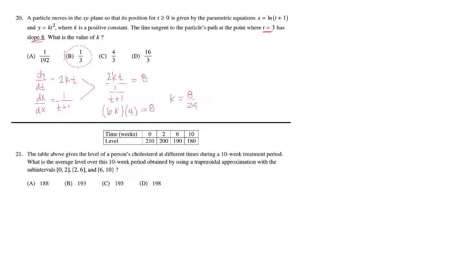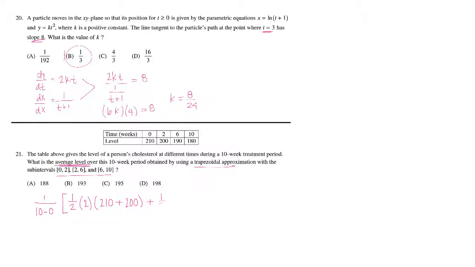All right, so for the next problem, we want the average level over the 10 weeks with a trapezoidal approximation. All right, and that gives us our 3 intervals, which is pretty nice. Now, since it wanted the average, remember we have to do 1 over 10 minus 0, and then that's going to be times, and we have 1/2 the height, which is the difference of our x's or our t values, times the sum of our bases, which is going to be our y values, plus, and you continue this through.